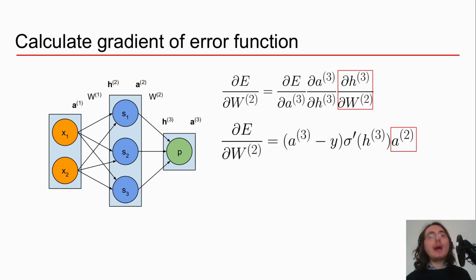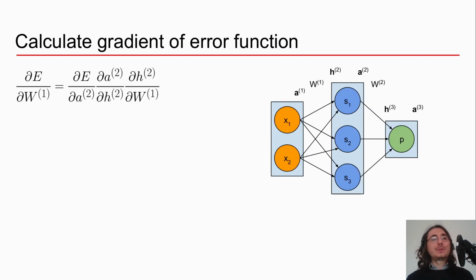Nice! We have our first element to calculate the gradient. So we have our error function, the derivative of the error function calculated in W2. Now, what should we do next? Well, we should calculate the derivative of the error function with respect to W1.